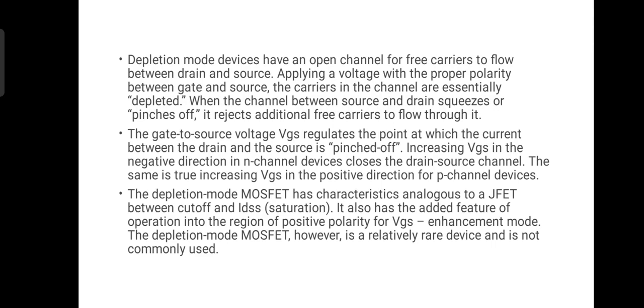It also has the added feature of operation into the region of positive polarity for VGS, enhancement mode. The depletion mode MOSFET, however, is a relatively rare device and is not commonly used.